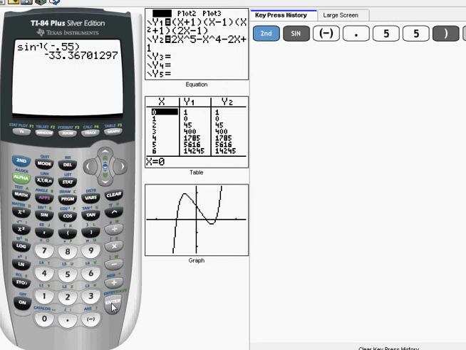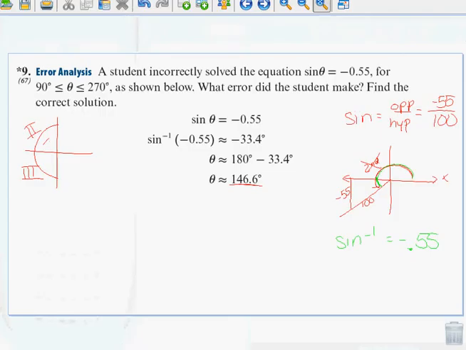So we do know that it's 33.30, let's just round it to the tenth place, 33.4 degrees, okay? So we can say with confidence that this angle measure right here is 33.4 degrees. So how can I write the final answer? Well, it's 180 plus 33.4 degrees.